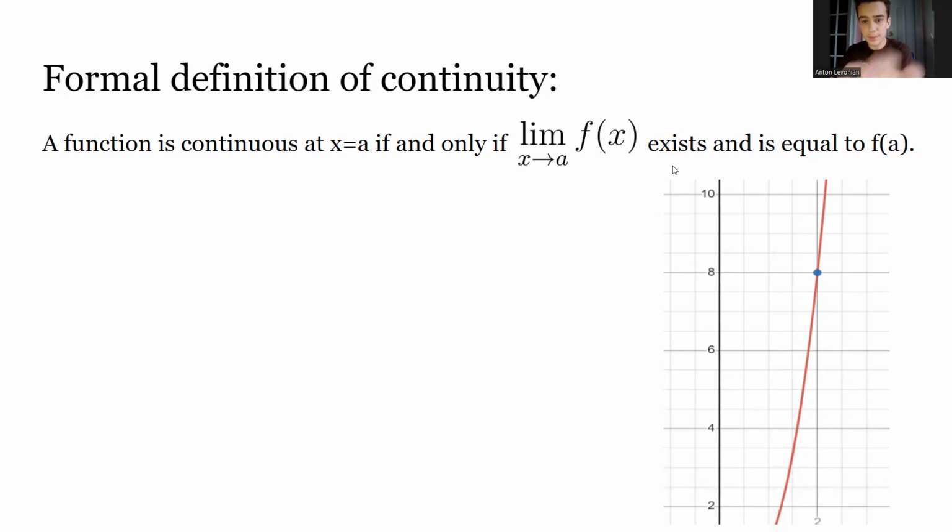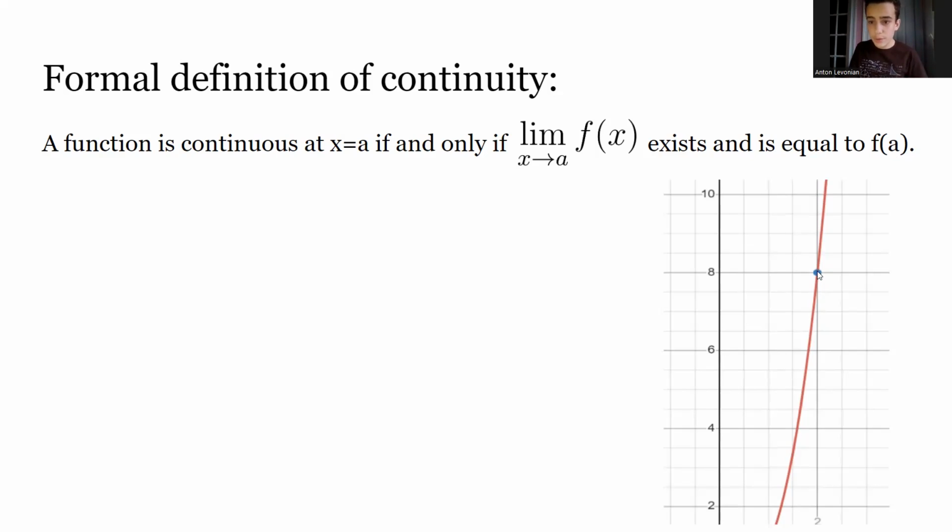So this provision that the limit exists accounts for when the limit could be infinite, or when the left-hand limit or the right-hand limit could be different from each other. And in this case, the function would be undefined at that point, and we won't even be talking about continuity. So this part right here is to make sure that the function is defined, and then the limit equaling the actual function is to make sure that there's no point discontinuity.